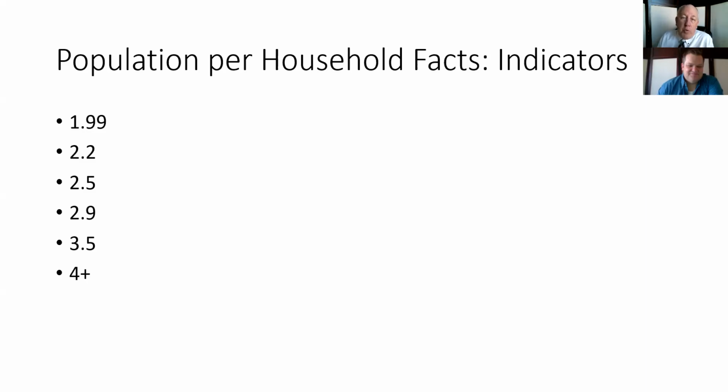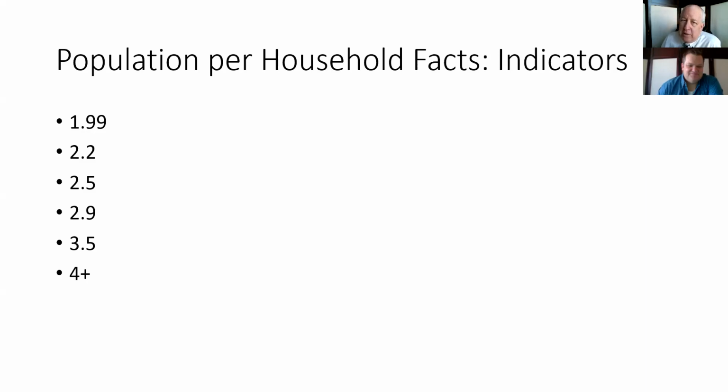When you go to 2.2 persons per household, it's going to indicate most often these are older people. Now, it's odd, but dorms don't usually go up to 2.2. They'll either go much more or far fewer. But 2.2 is, generally speaking, where the older population will lie. So if you see a population per household of 2.2, I can almost guarantee you they're going to be older people.